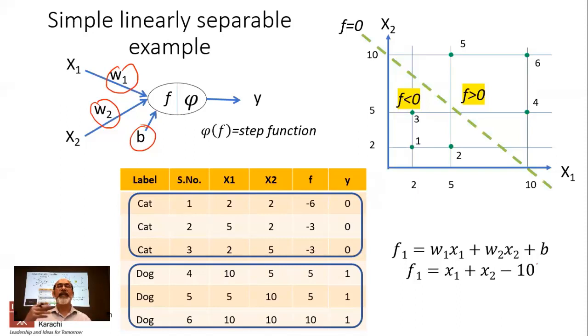All we've done is intuitively figure out that this equation can solve this problem. We haven't actually figured out how the real learning is happening. By intuition, we figured out that we could make W1 and W2 equal to 1 and the bias equal to -10, and we were able to solve a very simple problem. So by changing the weights, we still have a single perceptron solving the problem.